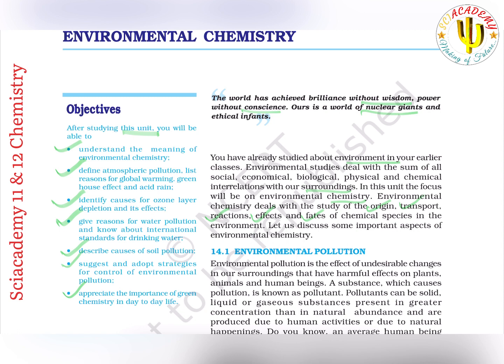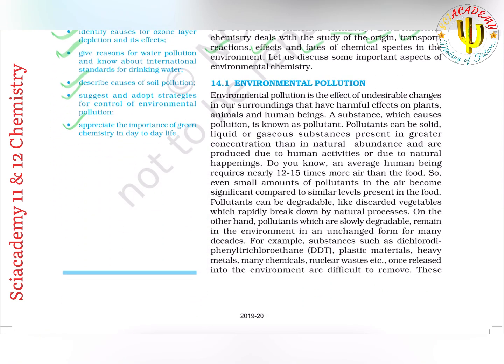14.1 Environmental pollution. Environmental pollution is the effect of undesirable changes in our surroundings that have harmful effects on plants, animals, and human beings. A substance which causes pollution is known as a pollutant.